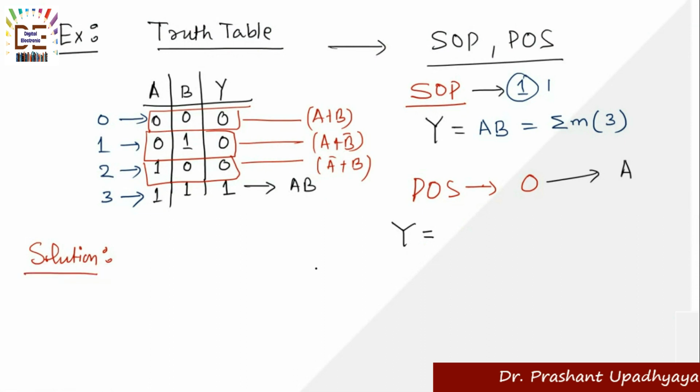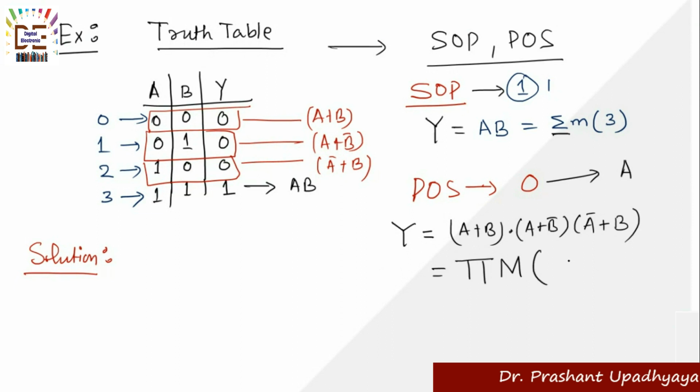So the answer will be A plus B, because 0 will be represented by A plus B bar and A bar plus B. Here we used a summation; here we will use a pi, capital M, where we are getting 0, 1 and 2. From here we are getting one relation.